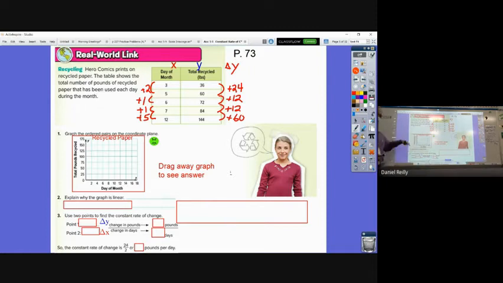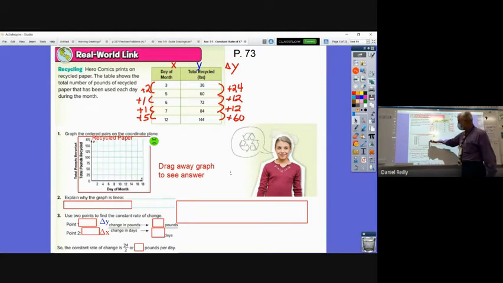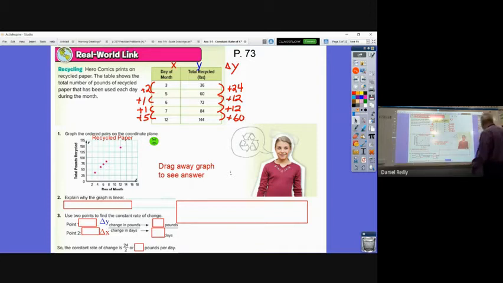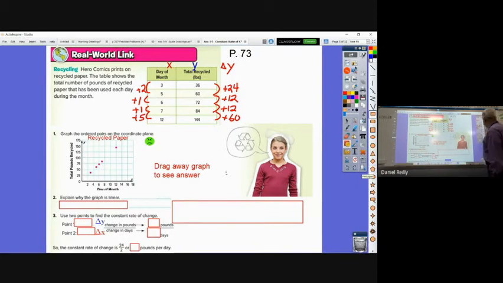Graphing this, let's look at the next step here. So graphing this relationship, if I were to graph these points, 336, 560, 672, if I graph all these, you might recognize the pattern of this graph. What shape would you say these dots come out in? A straight line, okay?